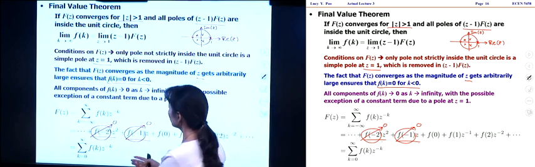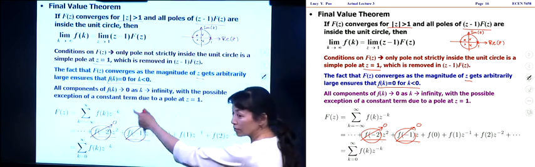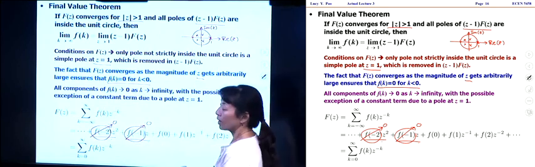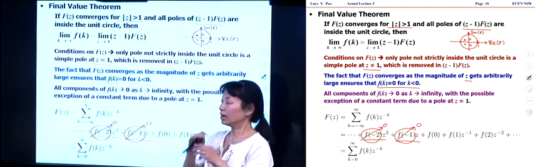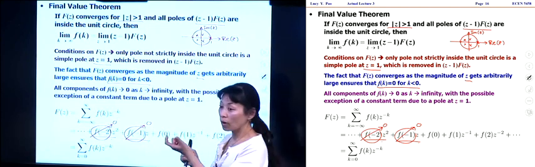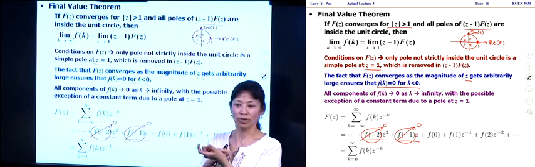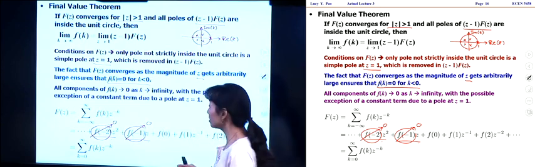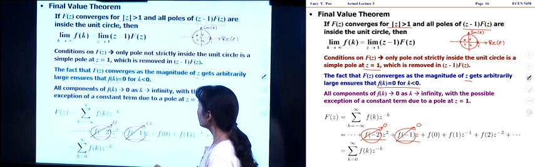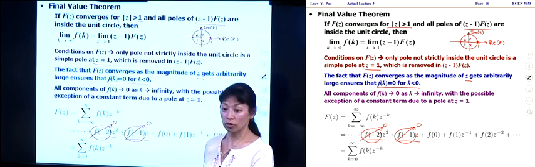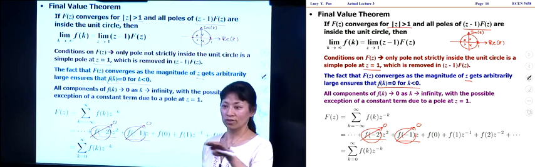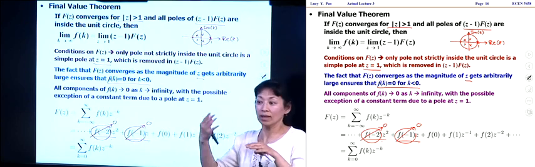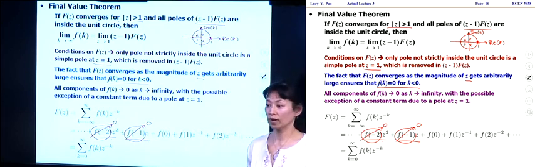And so what that means is if you think of f of k, it might have a number of terms, right? And let's say some terms, if they're all those exponential type terms, those all must decay. They must all have poles inside the unit circle. There can be one term that's just some scalar constant times the unit step function, right?